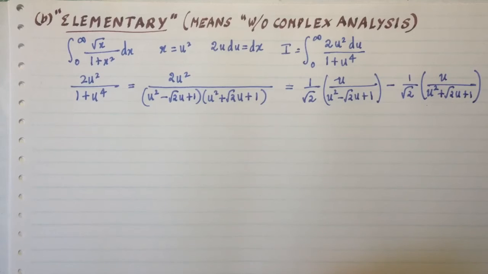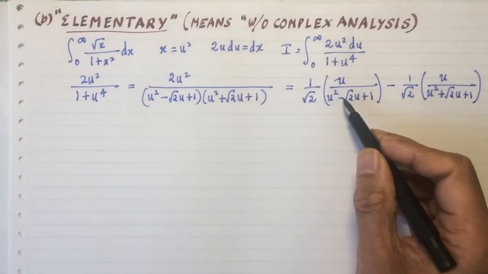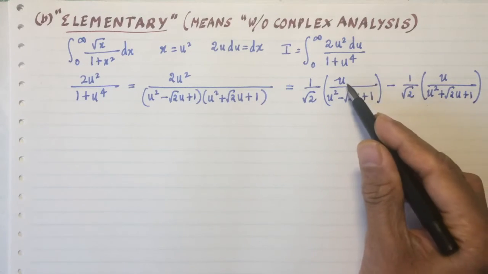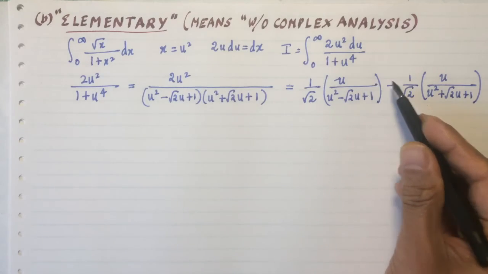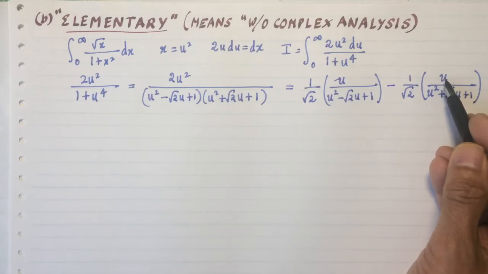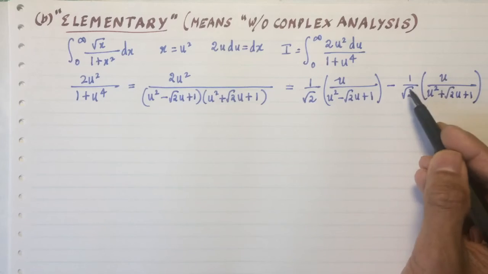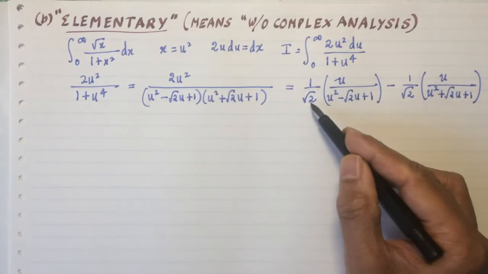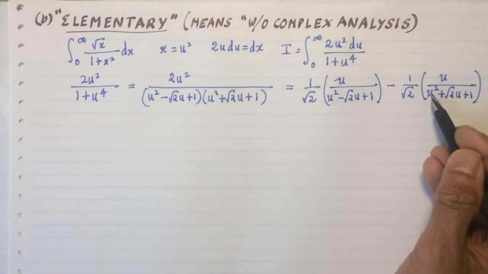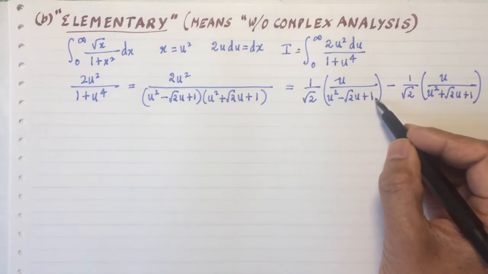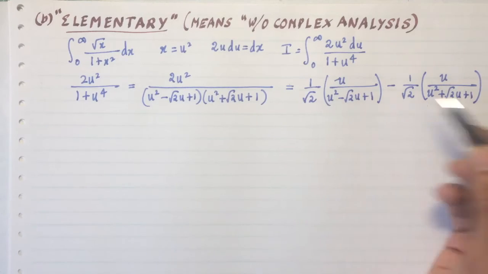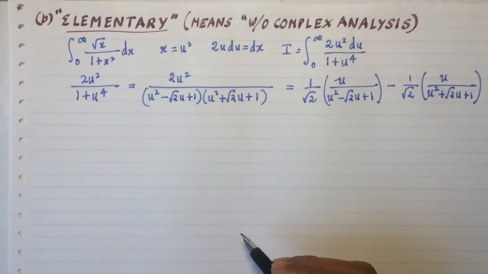So that's what you get, and you can quickly verify that this is true, because if I multiply this through, I get u cubed plus root 2u squared plus 1, and then I get minus u cubed. Again, I get plus root 2u squared, so I get this root 2 factor which cancels this factor, and then that u squared and u squared gives me 2u squared, and the one term cancels just as the u squared term cancels. So this actually works.